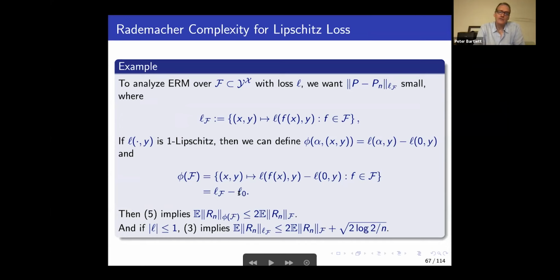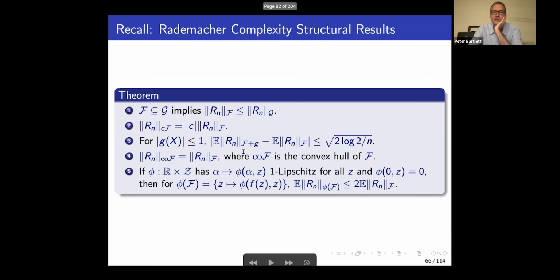And if the loss is bounded, this second fixed function doesn't change anything. So the loss class is the same as this phi of f plus an L0 function, which gives, remember, this other little piece, the 1 over square root of n piece from this third result here.